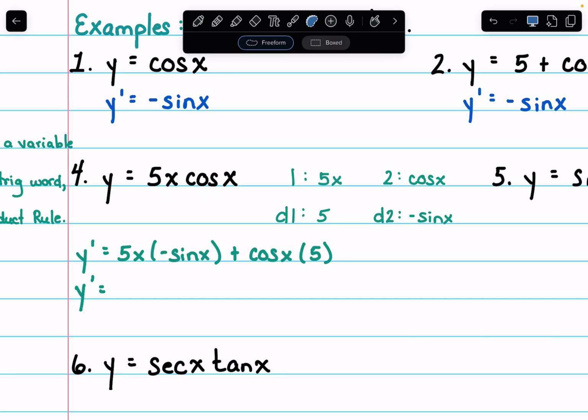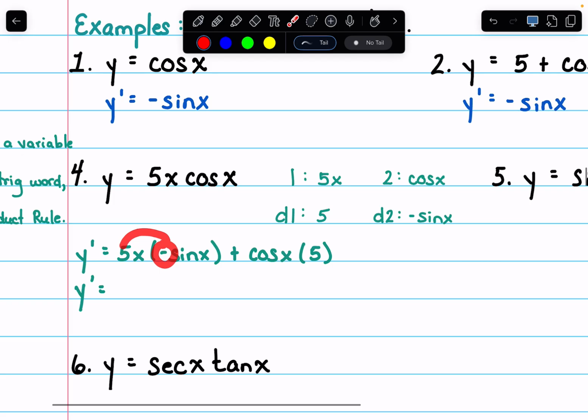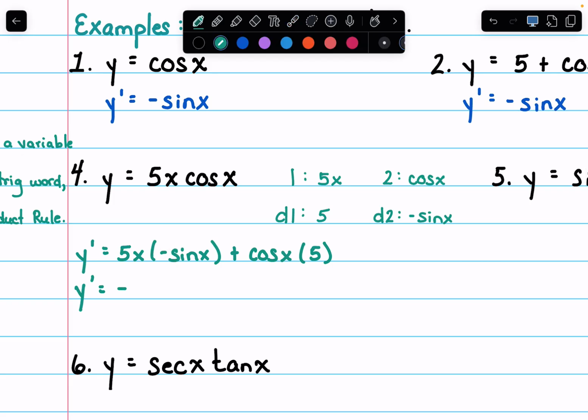So we're just going to take this negative and bring it out in front. So we get negative 5x sine x. And then, of course, we'll just bring that 5 to the front of cosine. Like that.